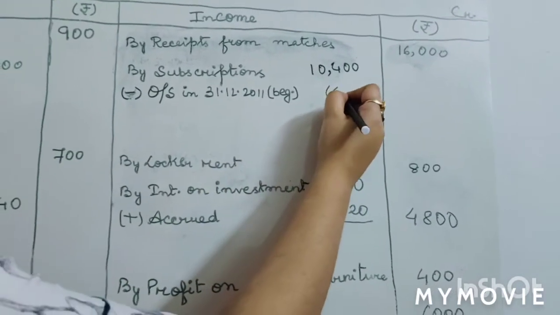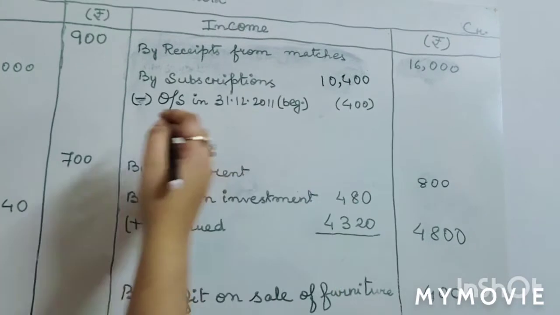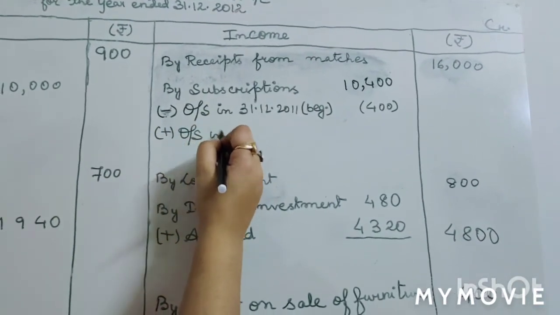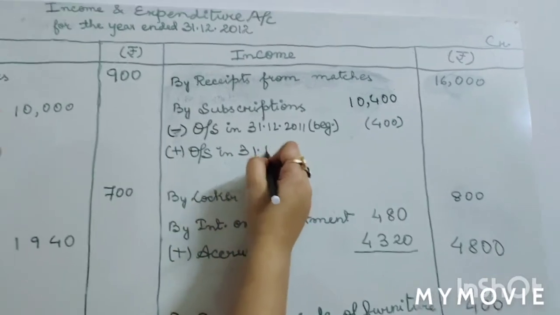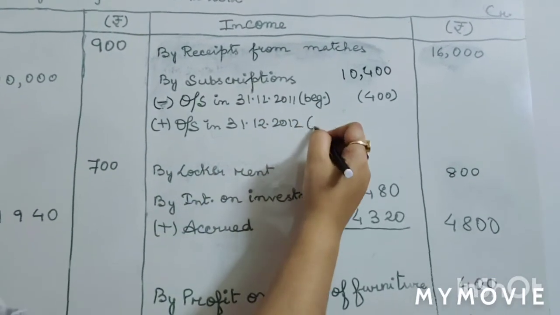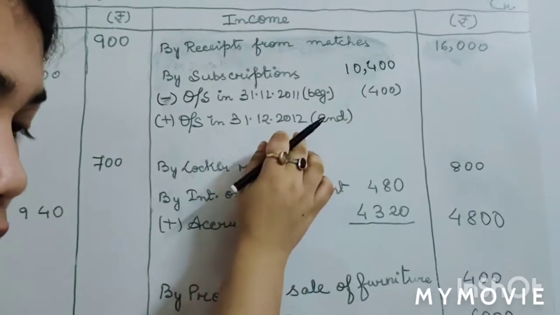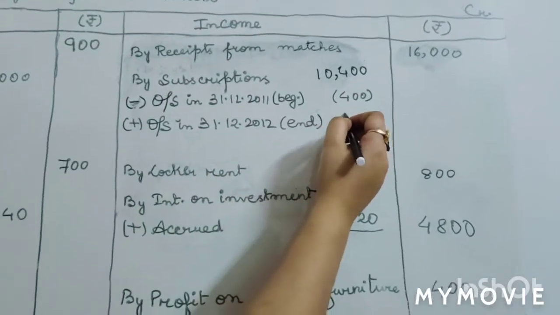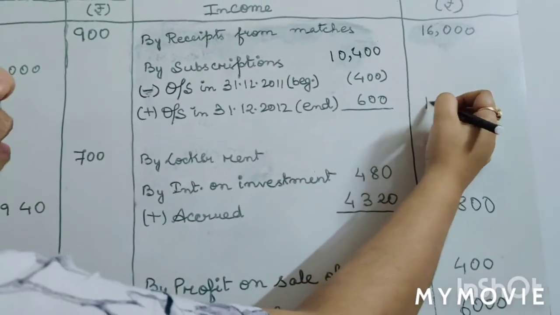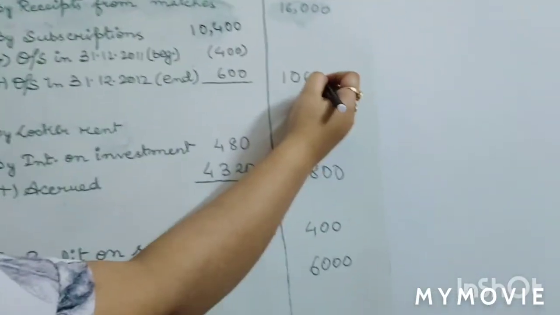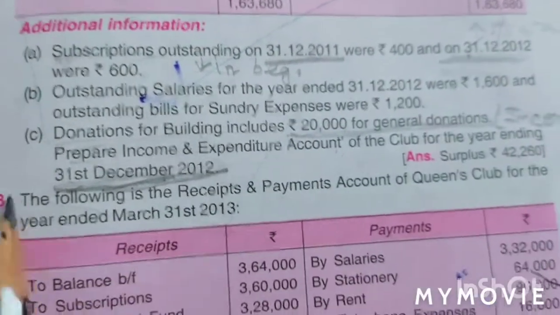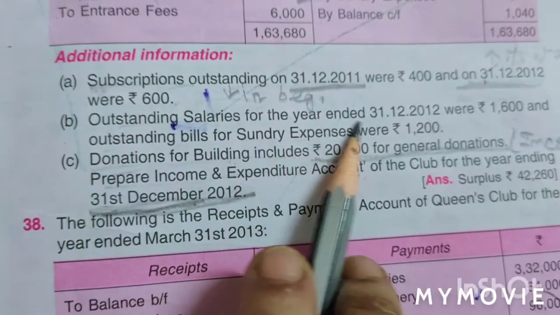So less 400, and outstanding in 31st/12/2012 means in the ending of the current year. So outstanding at the end was 600. So this gives us a total of 10,600.